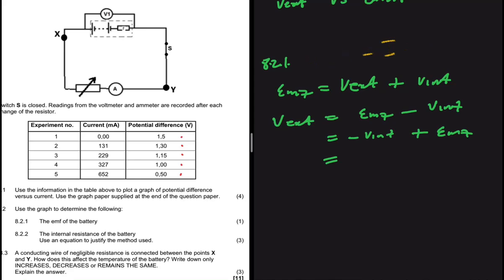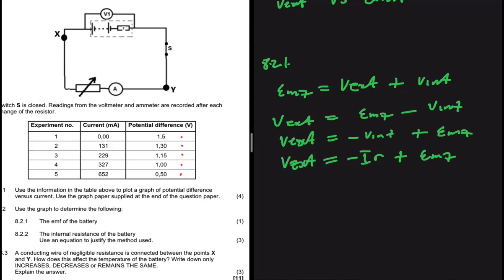So if we substitute that in place of V internal, then we're going to have minus the current multiplied by the resistance plus EMF. So now you can see the equation we have for the graph. It will be easy to determine the EMF and the internal resistance.